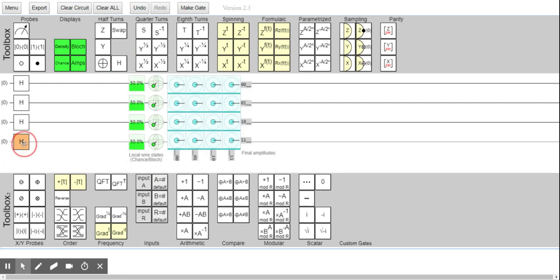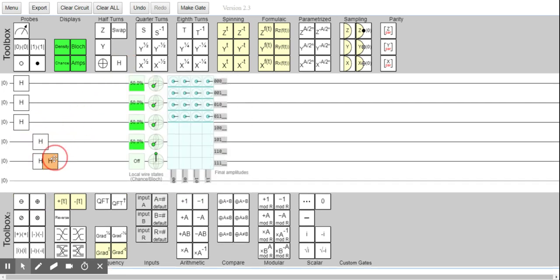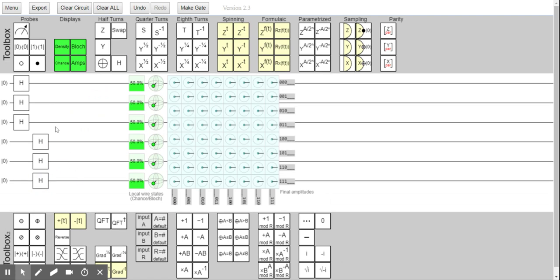Then we would have a superposition for the output register. Right? And then basically we just need to eliminate here the answers that we don't want, right? For example, we don't want 0, 0, 1 because it doesn't exist.